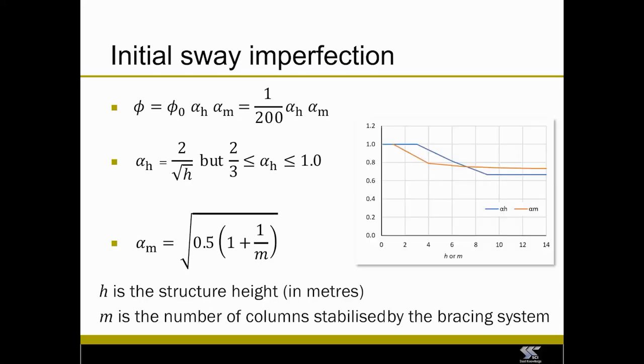If we just look at a graph of where we've plotted alpha h or alpha m and how they change with the number of columns or the number of verticals and the height of the structure, then we can see that very quickly those two alpha factors sort of plateau out to a particular value. And so we should take advantage of that when designing our light steel structures, and we can use a reduced value for our equivalent horizontal forces.